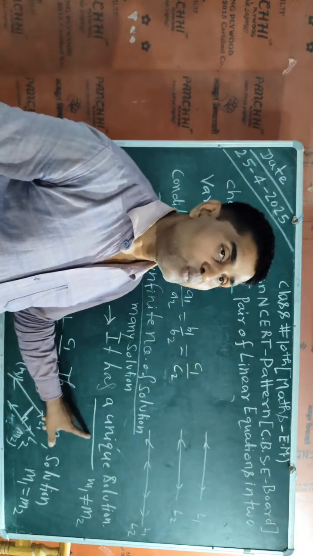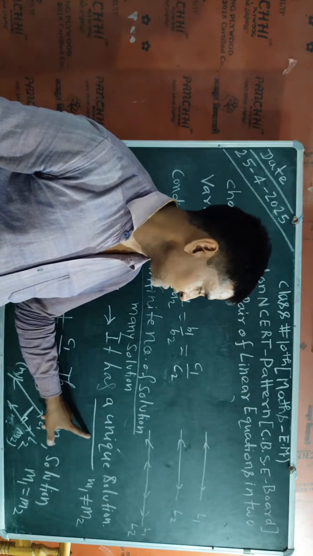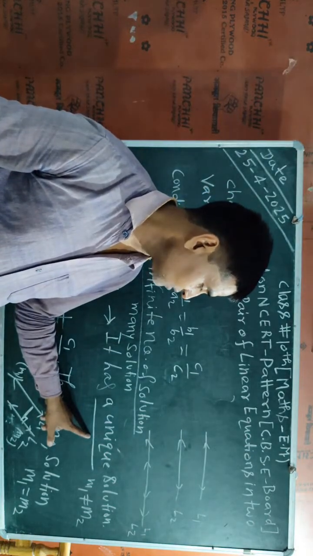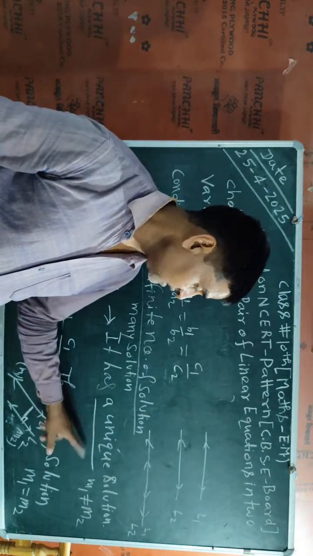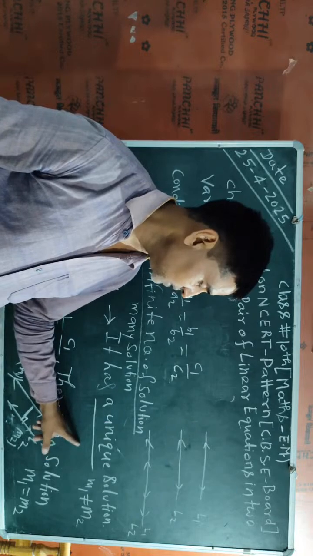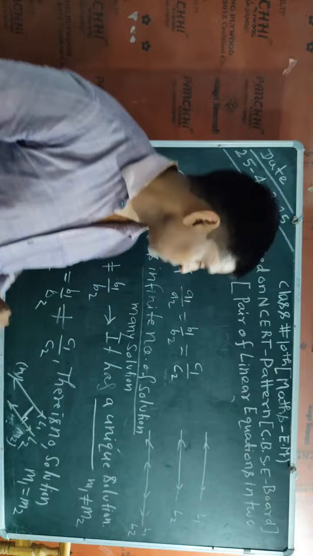It means both equations are intersecting at a certain point, and that point I will call the point of intersection, and that coordinate I will write as x comma y. x is the value which is available on the x axis and y is the value which is available on the y axis. Okay, student.